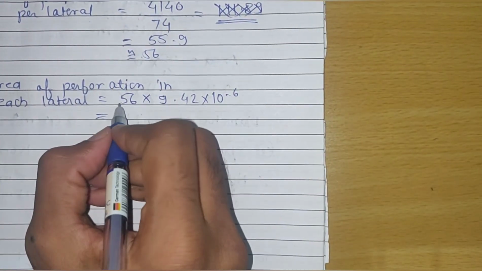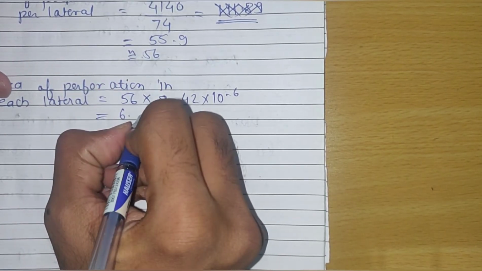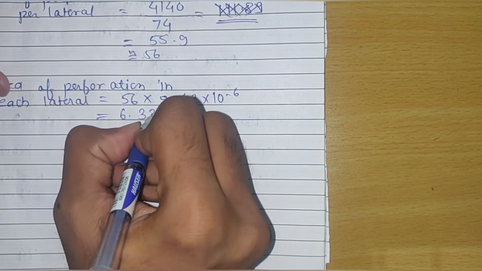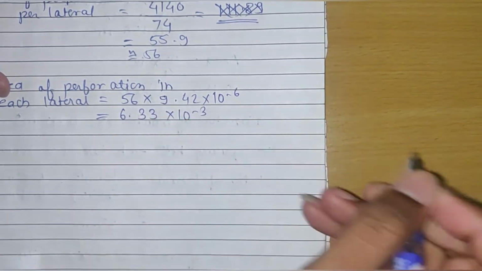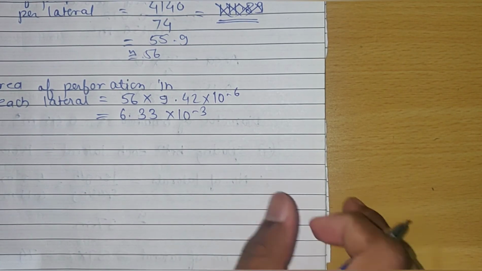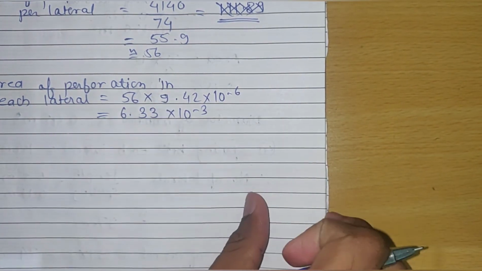So you will get the area of perforation in each lateral as 6.33 into 10 raised to minus 3.